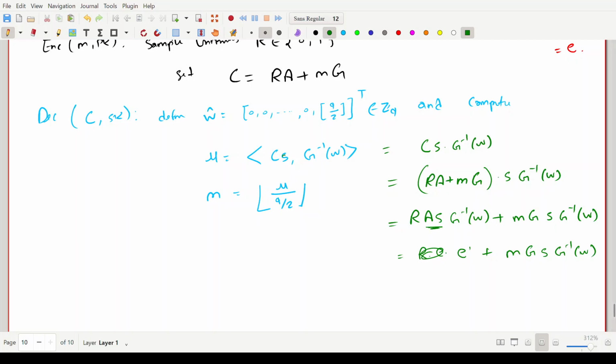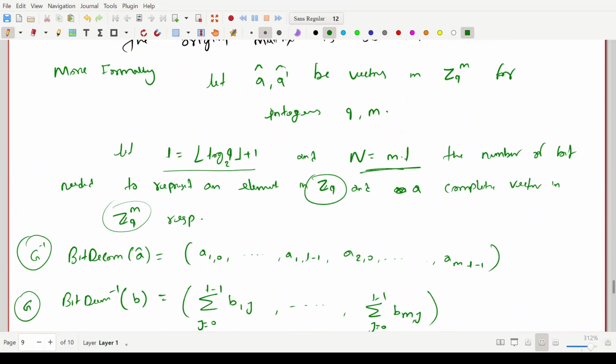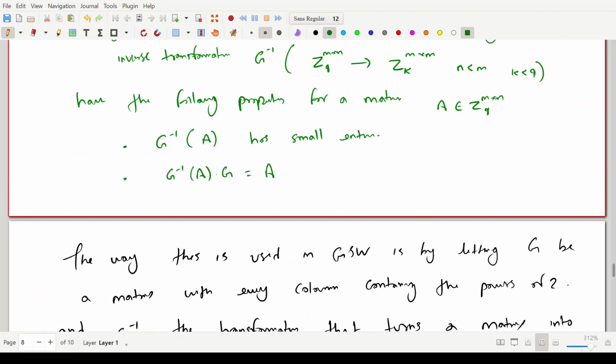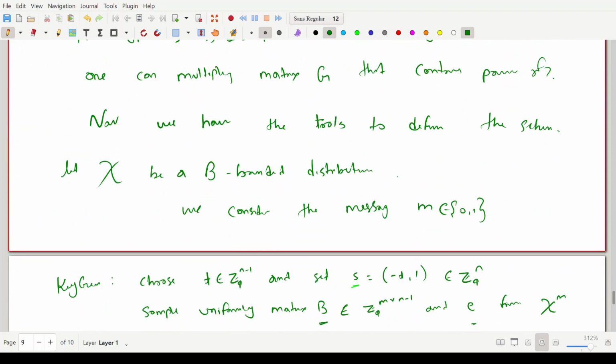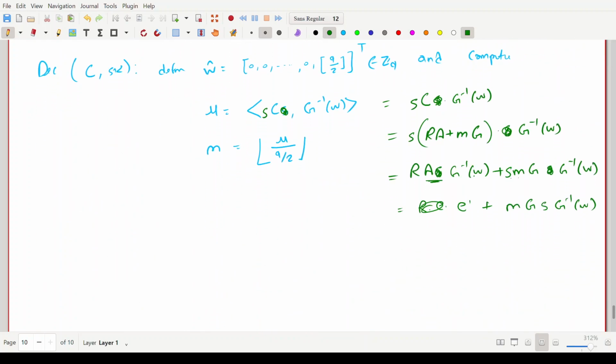This should be S into C. S is here, so forget about the other S. I'll be having SMG into G inverse of W. And by the property of your gadget matrix, G inverse E into G is the same as E, which is the same as G into G inverse of A. So this part should be your W.